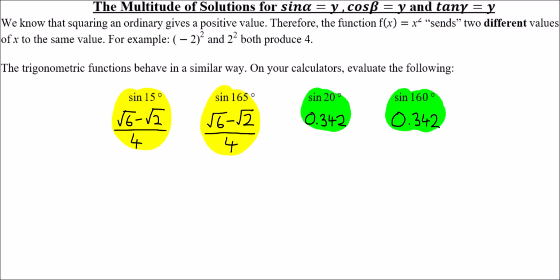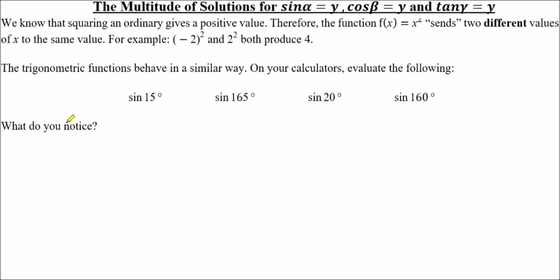So just to ask the same question again about these, what do you notice? Well, obviously what we noticed here was that sine 15 is equal to sine 165, and also sine 20 equals sine 160.